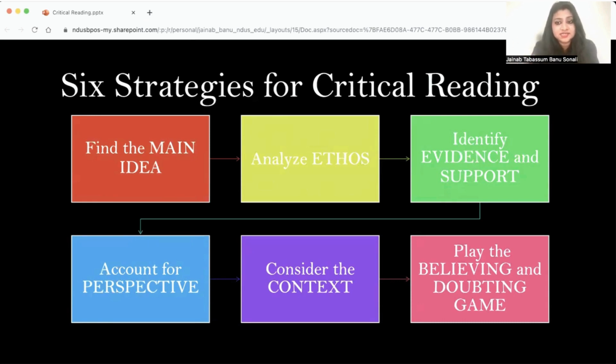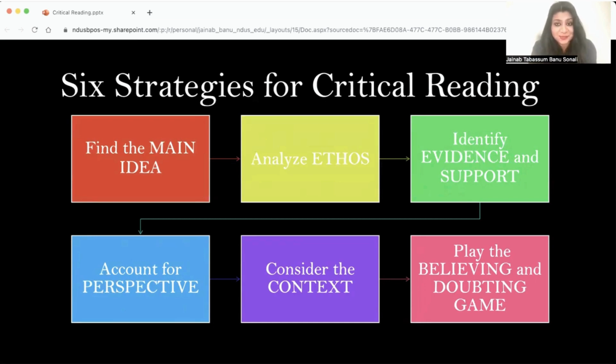Then you start identifying the evidence. So how can you find out the ethos? Just by paying attention to the evidence and the supports. Has the author consulted secondary sources? Has the author brought some sort of evidence to support his or her argument, right? So this is how you identify evidence and support.